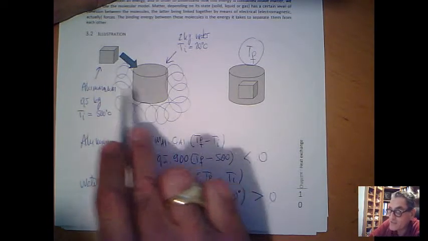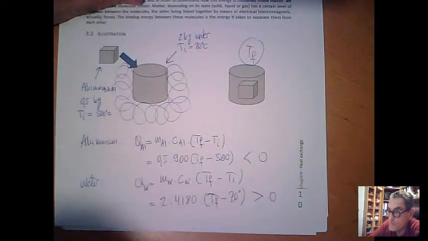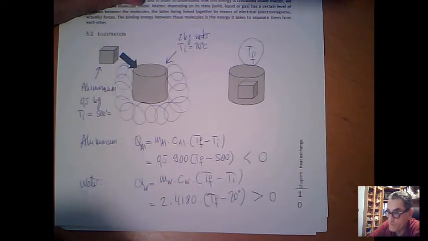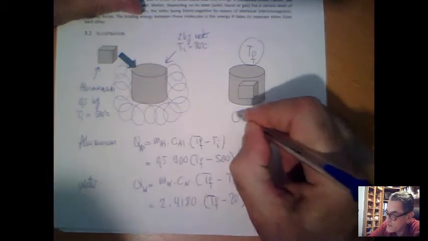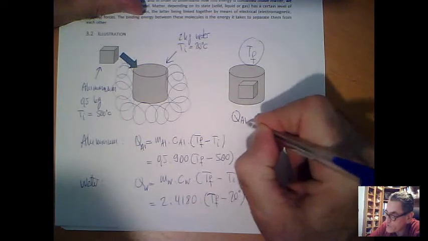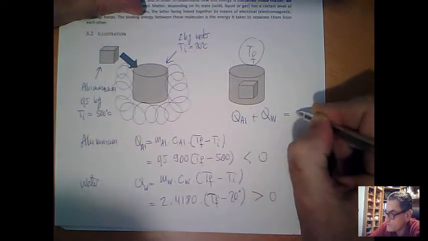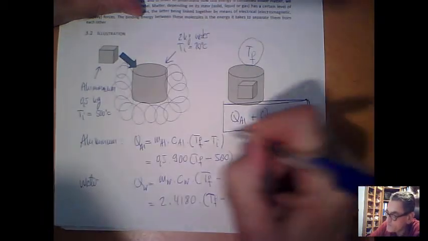And this transfer of energy from the aluminium to the water will take place as long as there is a temperature difference, and it will stop when there is no more temperature difference, okay? So the equation which we should use is the following. Q aluminium plus Q water is equal to 0.